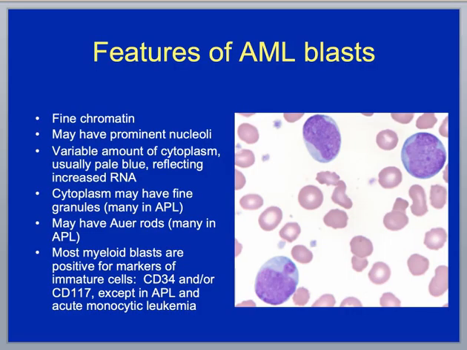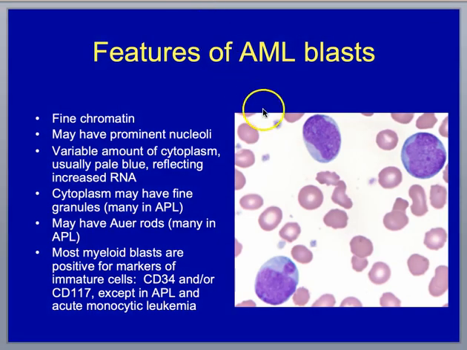Okay, so what are the general features of AML blasts? Another thing to note is that these blasts are quite large. They really stick out in the peripheral blood. They're usually about 4 to 5 times the size of red cells that are next door.